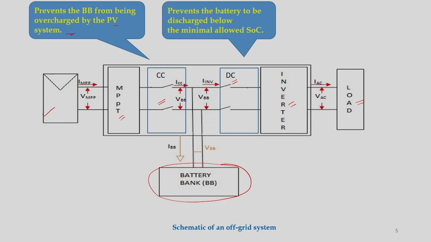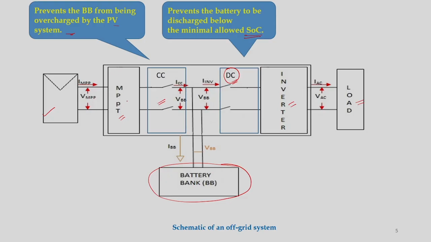it prevents the battery bank from being overcharged by the PV system. And what is the function of this DC? This DC is the discharge controller. Here it prevents the battery from being discharged below the minimum allowed SOC. So, charge controller and discharge controller. This is the discharge controller, not discharge current. You can see this IMPP, the maximum power point current, and VMPP.